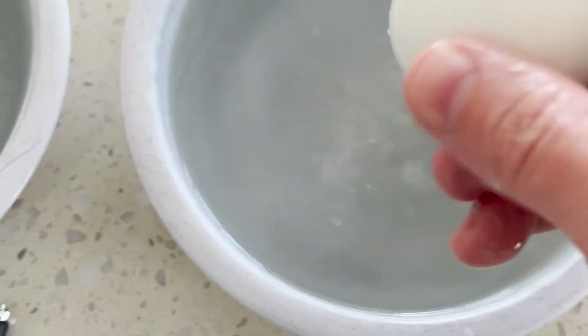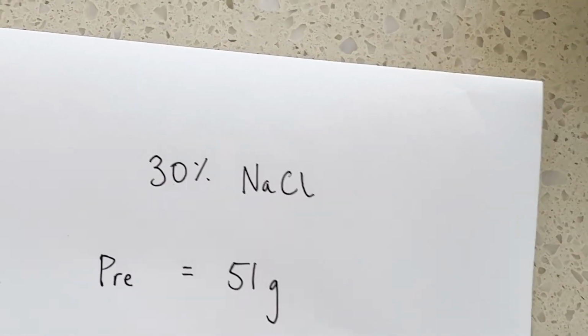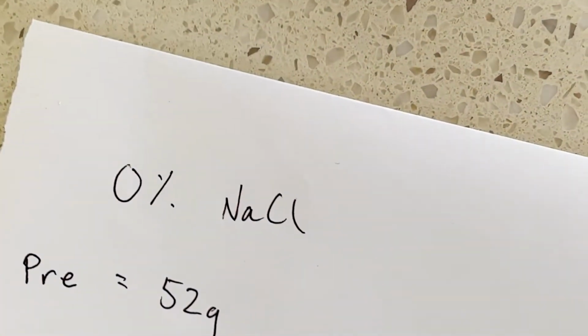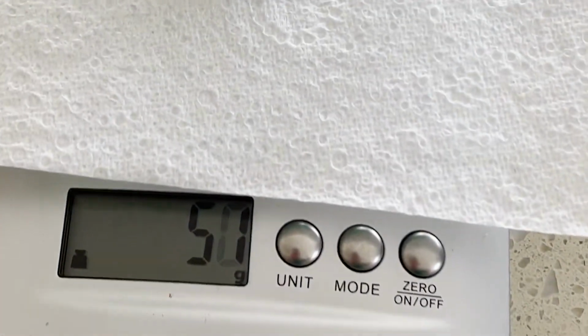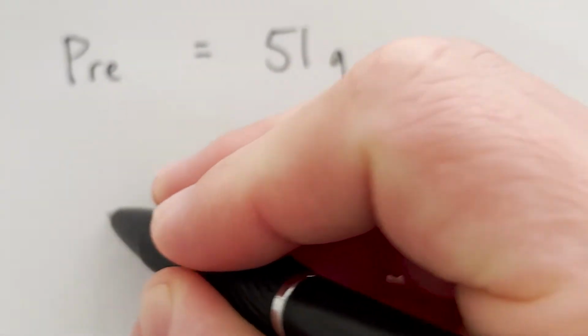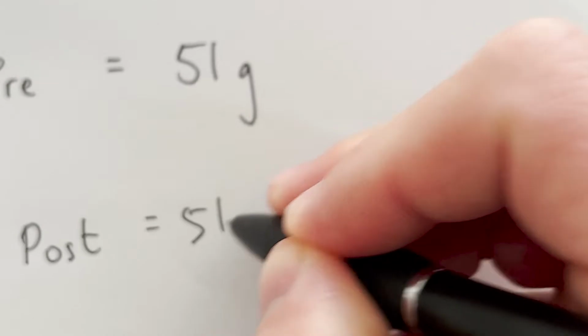Let's now take the egg that's been in the 30% sodium chloride. Beforehand it weighed 51 grams, so let's dry it off a little bit and chuck it on the weigh scale and see what we've got. It's 51 grams, so it hasn't really lost any mass, maybe a tiny bit that this weigh measure can't detect.